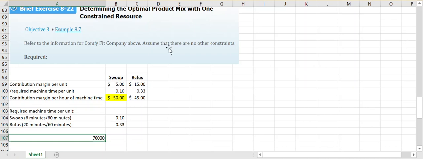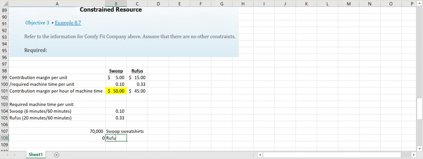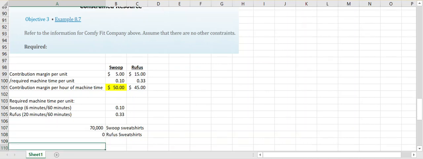If we divide the two, it tells us how many Swoop sweatshirts we can make in those 7,000 hours. So our optimal sales mix would be to make 70,000 Swoop sweatshirts and 0 Rufus sweatshirts, because we're making more money per hour with the Swoop than we are with the Rufus.